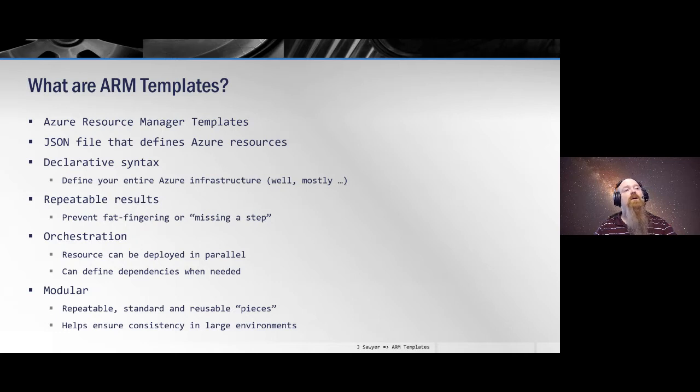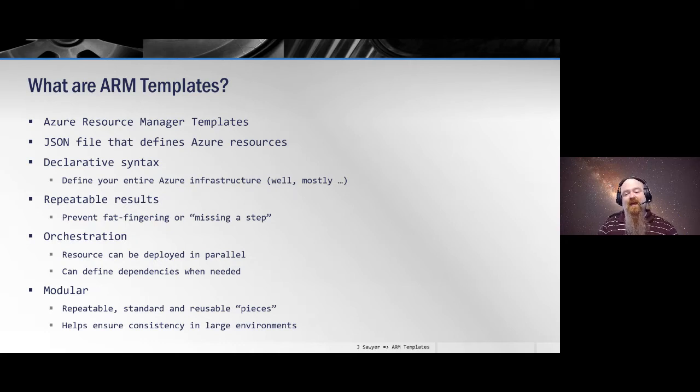It also allows for orchestration, and it's actually kind of built in, right? Resources can be deployed in parallel. It will take a look at a very large ARM template, and where possible, it will deploy multiple resources simultaneously. This is not something that you can very easily do from the Azure portal. That said, it doesn't always work that way.